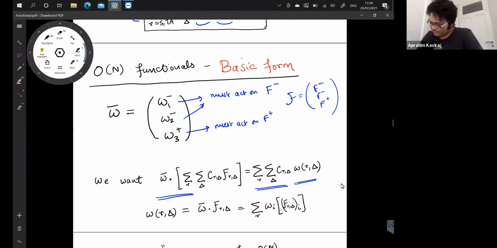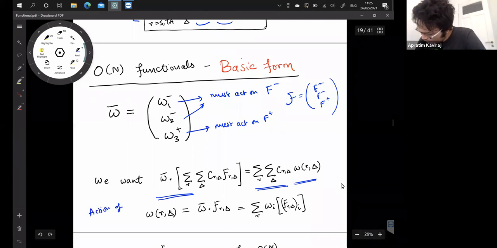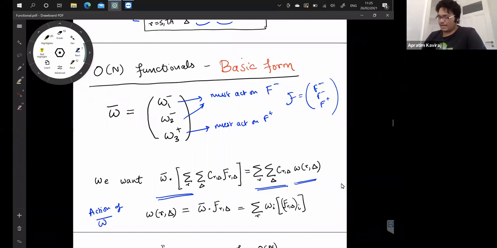The action of the vector functional omega I denote as omega r comma delta, because omega acts on curly f r comma delta. So it has to carry an index label r and also the label of dimension delta. And so this is how it's defined.